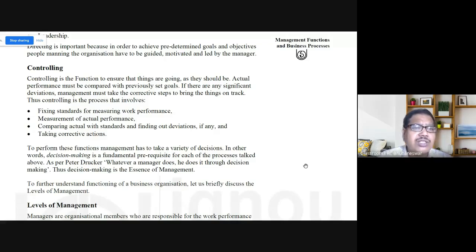Control is the function to ensure that things are going in the right direction. There are two different things you can remember. In normal testing, we say the product is right, and it is a right product. These two statements seem to be the same, but they have different meanings.